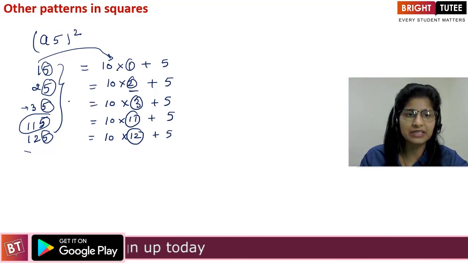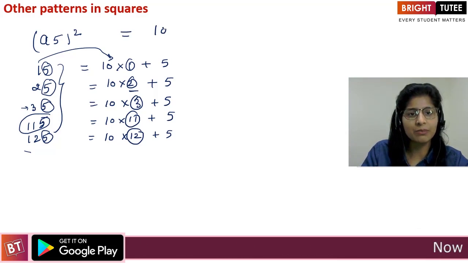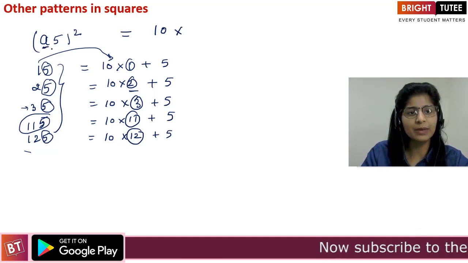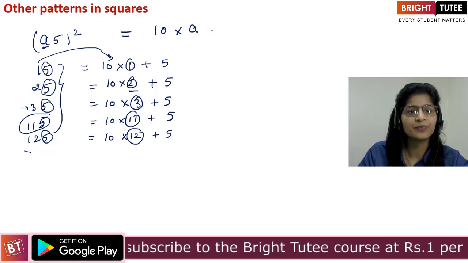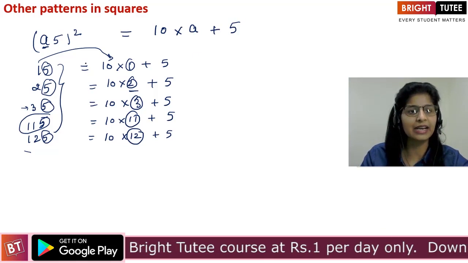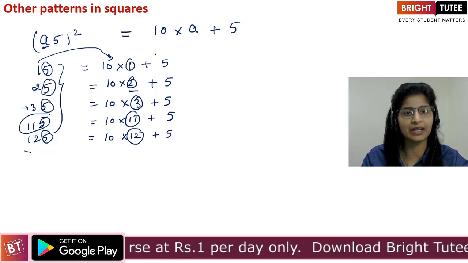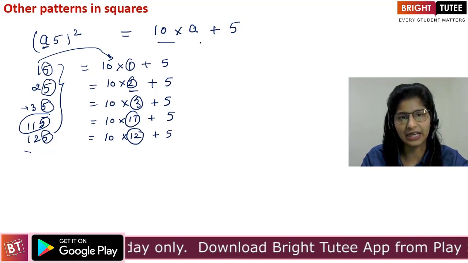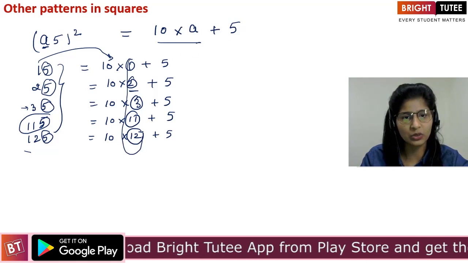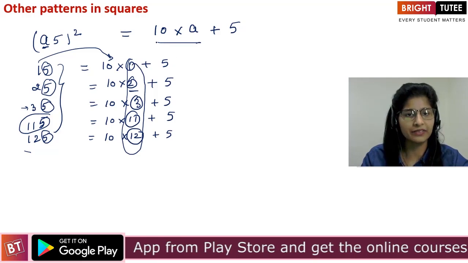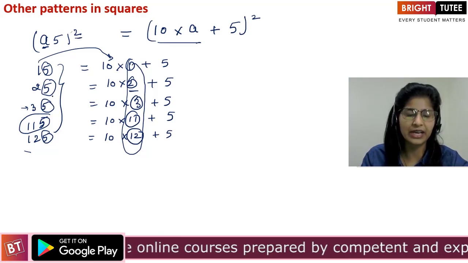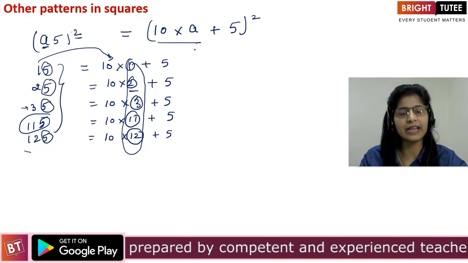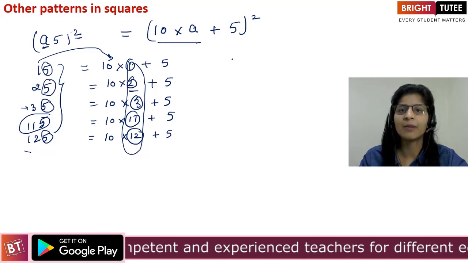We can express the number as 10 multiplied with the front number, which we are naming A because it is a variable and can be any number, plus 5. So A5 can be written as (10 times A plus 5) whole square, because here we have a square. Clear?